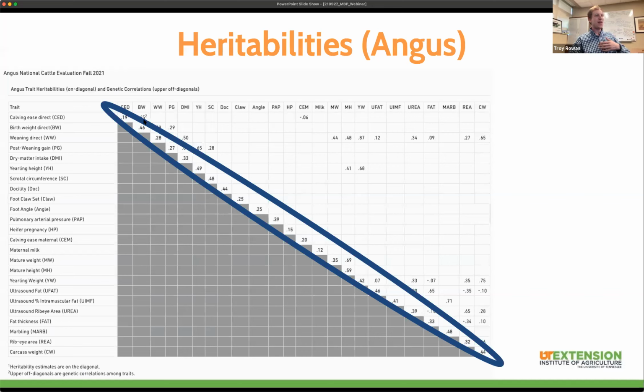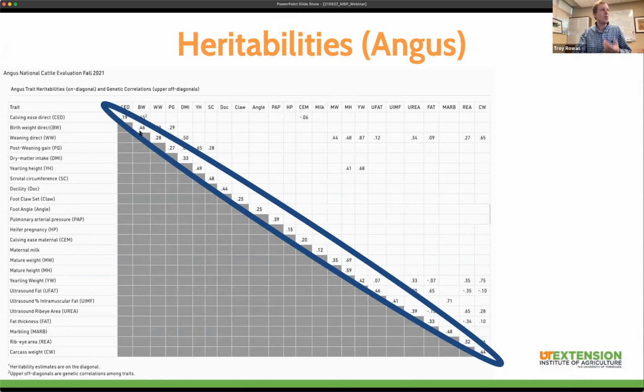You can see that they span the spectrum of heritabilities, from things like heifer pregnancy, which is going to be one of those very lowly heritable fertility traits at about 15%, and maternal milk, which is down at about 12%, whereas for things like mature height, we're all the way up to about 0.6. So 60% of the variation that you'll see in an animal's mature height is going to be controlled by that animal's genetics. This is just sort of a perspective, a measuring stick, I guess.